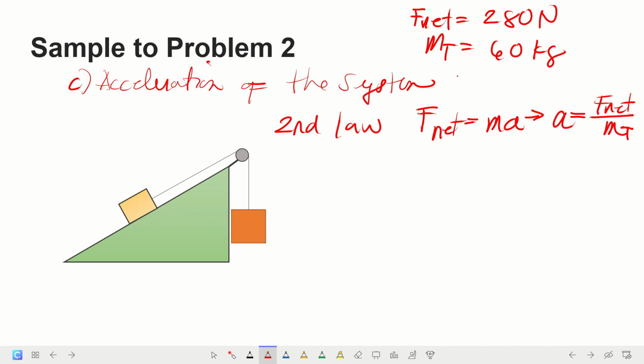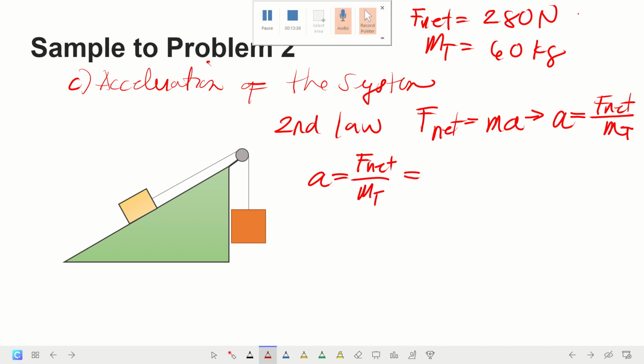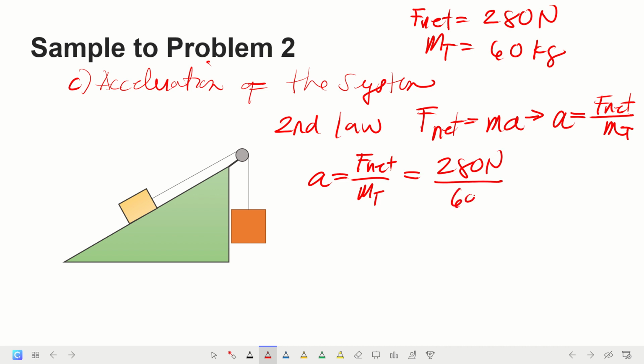We can now substitute into our equation the calculated values: F net is 280 newtons and our total mass is 60 kilograms.